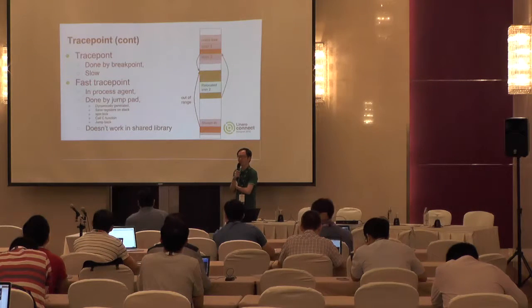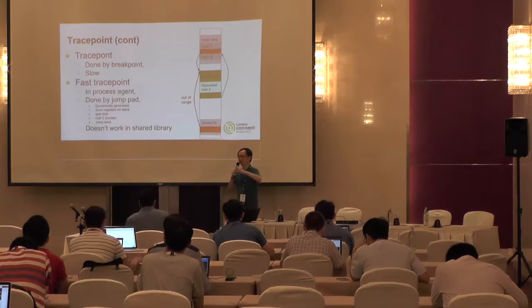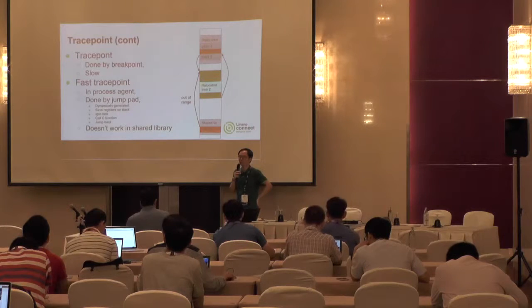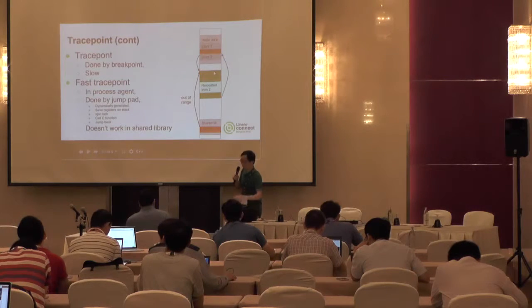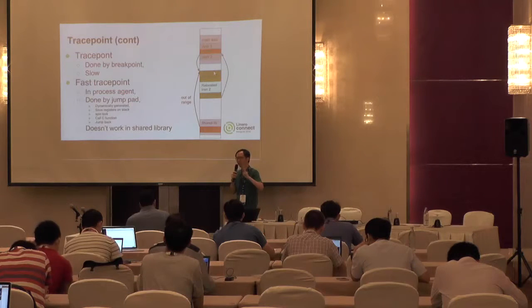At the very beginning, there is only one single jump pad. We cannot have two jump pads, one close to the main executable and one close to the shared library, because GDB server has to know the start address of the jump pad. So if we have two, nowadays GDB server will be confused.